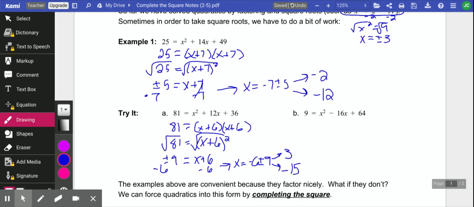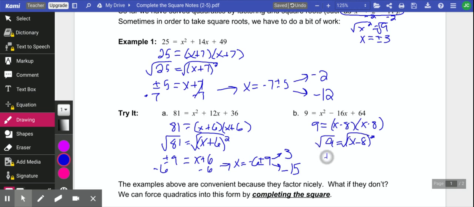All right, one last one of these. We are looking for factors that multiply to 64 and add up to negative 16. So it's going to be x minus 8, x minus 8. So we get 9 equals x minus 8 squared.